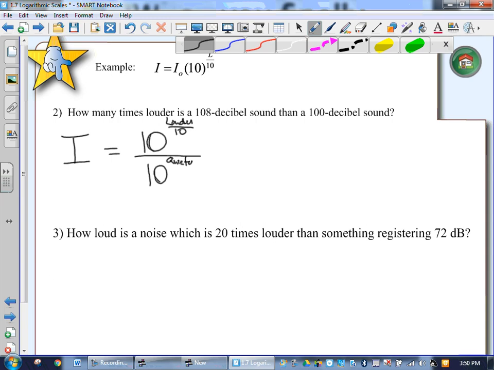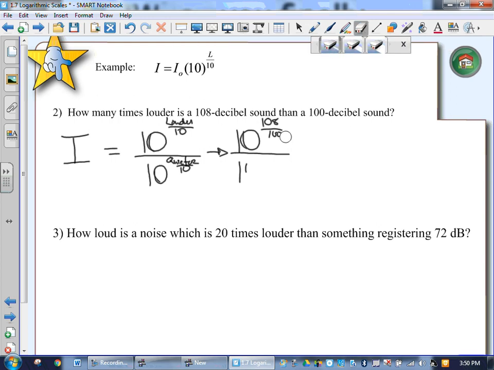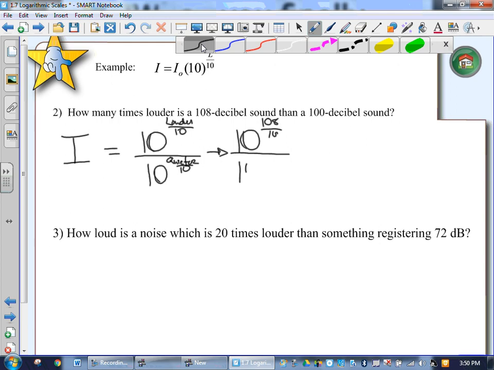So my louder is going to be 10 to the power of 108 over 10, divided by 10 to the power of 100 over 10, or 10 to the power of 10.8 over 10 to the power of 10. Subtract my exponents, and I have 10 to the power of 0.8, and 10 to the power of 0.8 is going to be that 6.3 times louder.